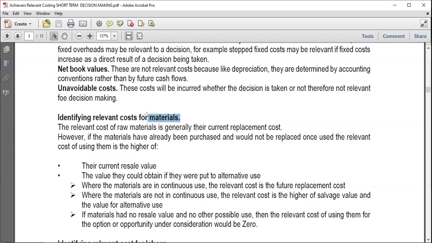Our first variable cost that we are looking at is materials, raw materials. So ours is to ask, when is a cost for raw material relevant to us? You get it?